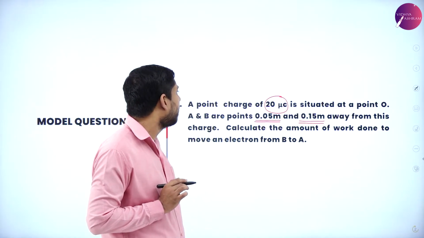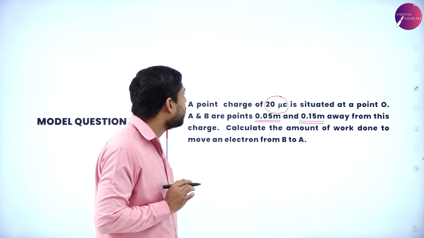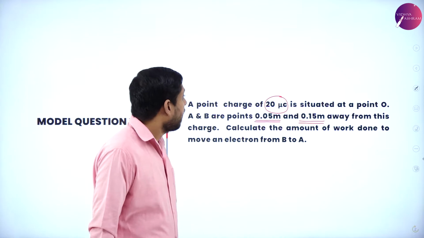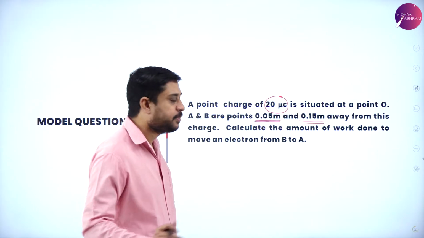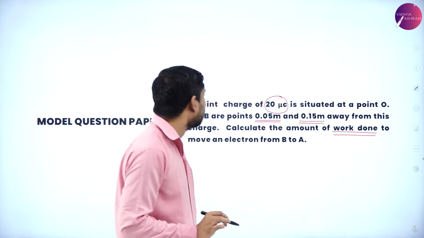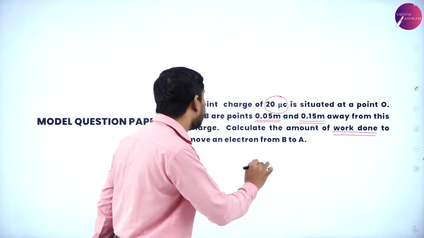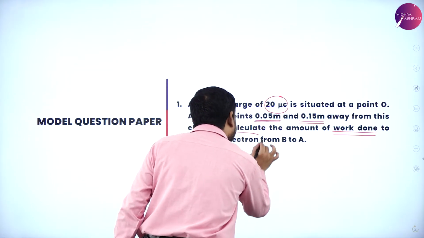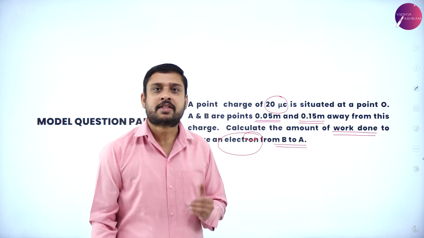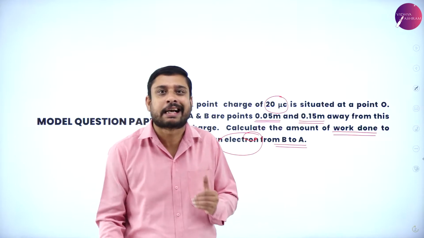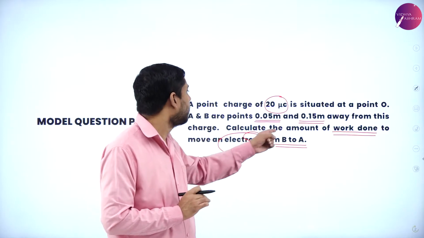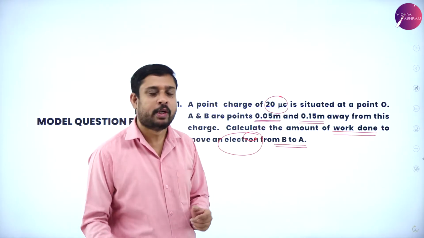I have to calculate the amount of work done to move an electron from B to A. What amount of work has to be done to move an electron from B to A?